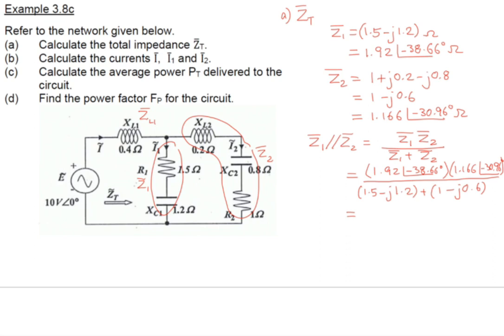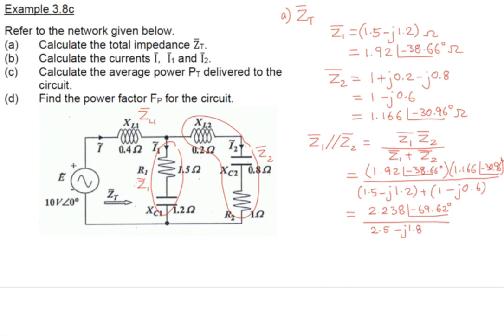That will give me 2.238 angle minus 69.62 degrees divided by the denominator: 1.5 plus 1, that will be 2.5, minus 1.2 and minus 0.6, minus j1.8.